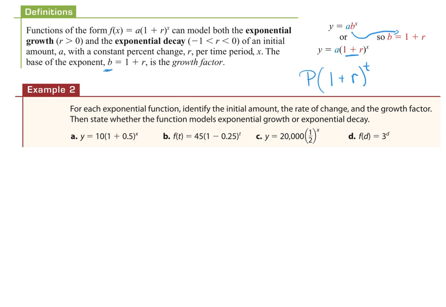All right. If we look at these, I have this formula, y equals 10 times 1 plus 0.5 to the x power. If I look here, my rate is 0.5. So my rate is greater than 0. If my rate is greater than 0, that's going to grow. That's like having an investment account with a 50% rate.